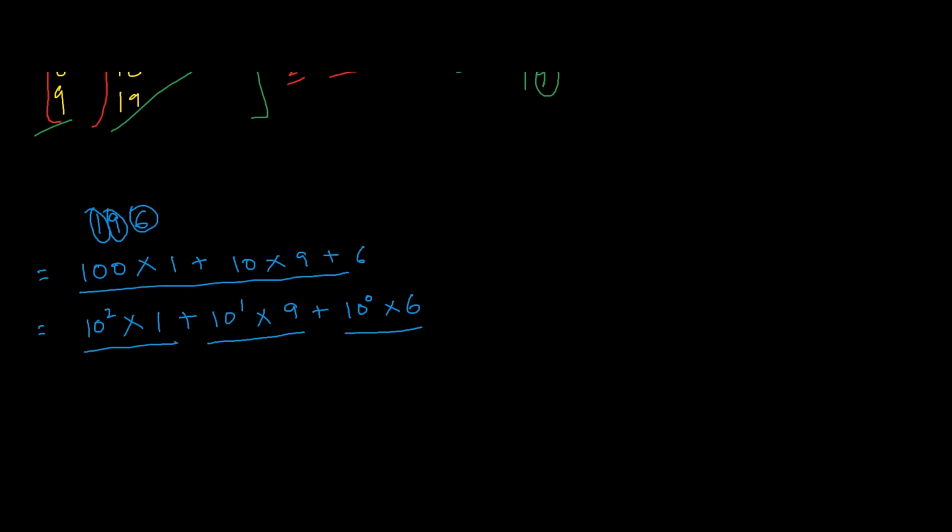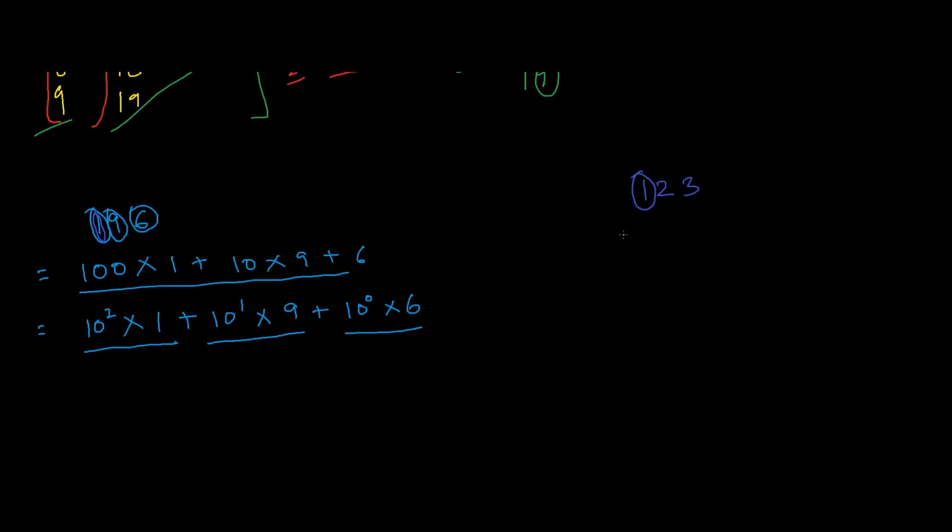Let's try to do that with our original numbers. So if I write down, say, 1, 2, 3 in our base 9 system, I can think of this as counting to 9 squared, because I think of this as counting to 10 squared.